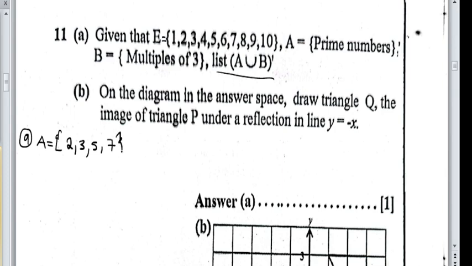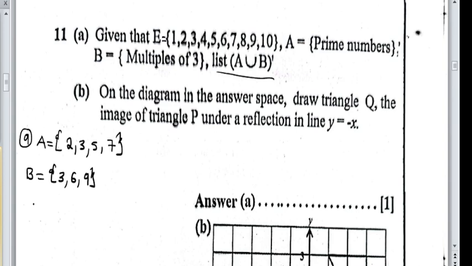So those are the only prime numbers in the universal set. Then B, we are looking for the multiples of 3. So a multiple is a bigger number in which smaller numbers can go into without leaving a remainder. So multiples of 3, they start from 3 itself, go to 6, then 9. So those are the multiples of 3.